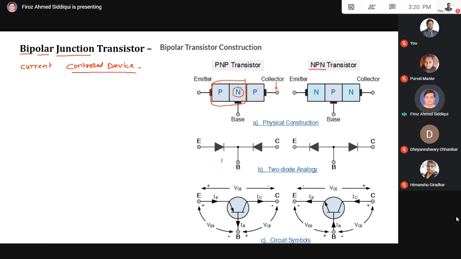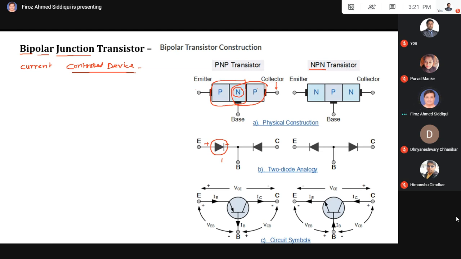One P-type material and one N-type material. So this is P-type, this is N-type, so this is like a diode. This is the positive side, this is the negative side. If you consider this one junction only, you will find there a PN junction. Here also there is a PN junction.